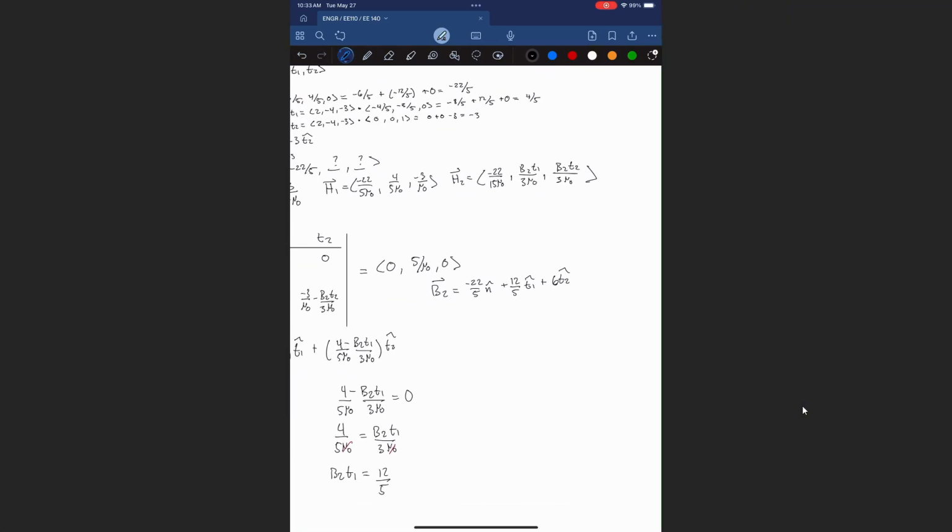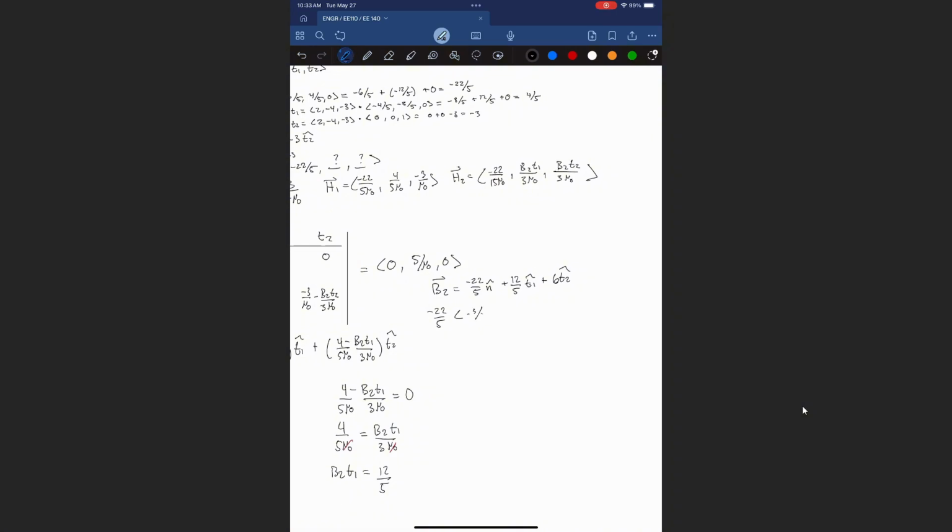However, it is needed to convert back into the x, y, z coordinates. With the equation written, we can see that to convert back, we must plug in the n hat, T1 hat, and T2 hat vectors we found.